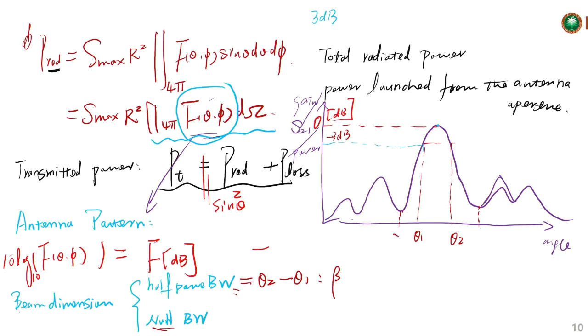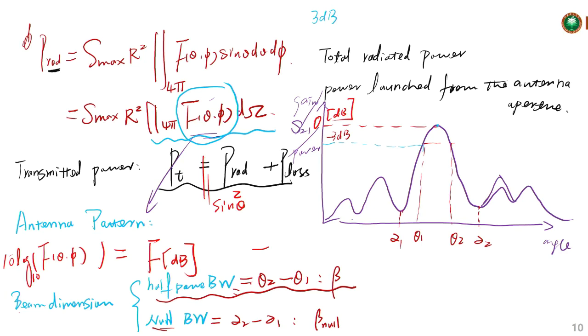So this is, for example, alpha 1, alpha 2. So null beam width is alpha 2 minus alpha 1, and this can be expressed as beta null here. So we most usually use the half power beam width to characterize the beam dimension of it, right?